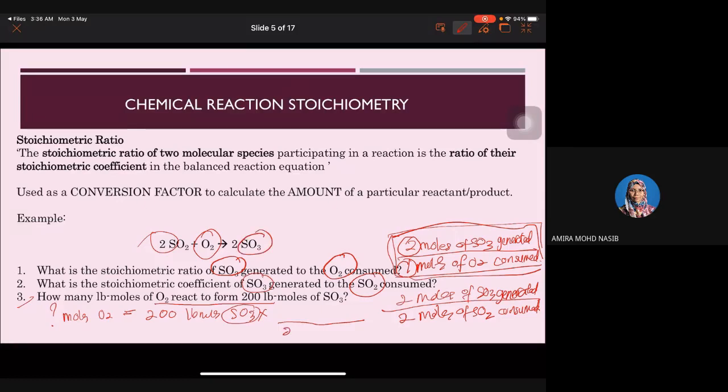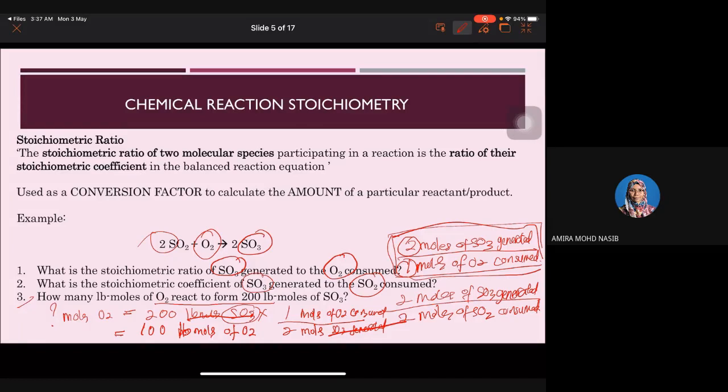So at the bottom here you have 2 moles SO3 generated, and the ratio on the top is 1 mole of oxygen consumed. So you can cancel out here, and you are left with 200 times 1 divided by 2, which is 100 pound moles of O2.